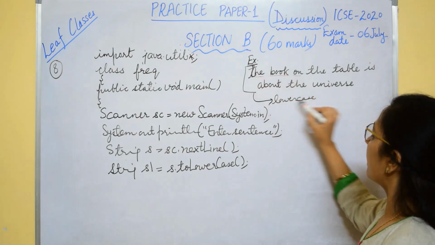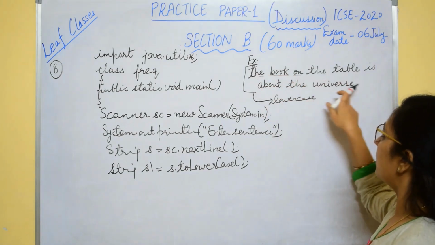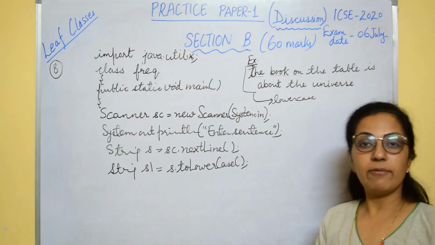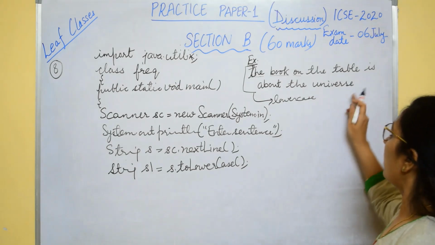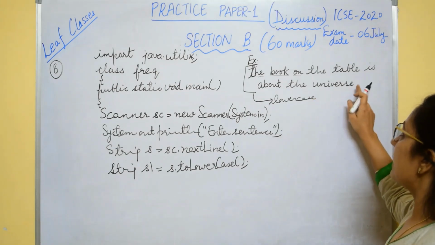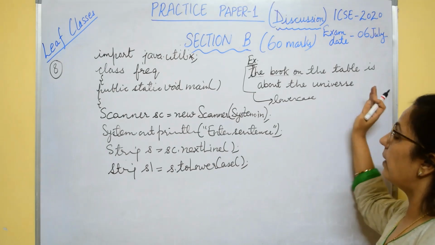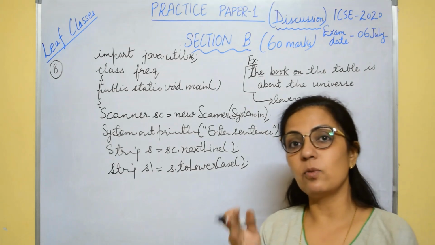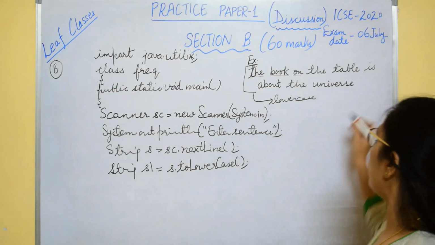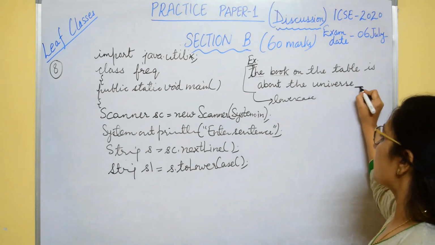And after completion of all the words, then we'll print the frequency of the. Now here, when this last word is over, there is no space here. So how you will make out that this word is over? So we will add one blank space here.